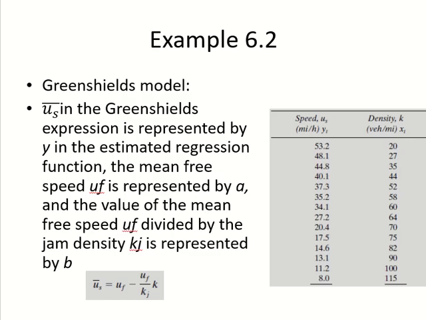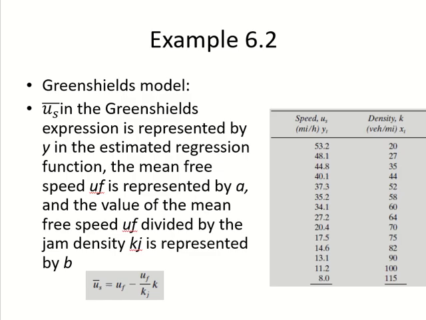So my UF is 62.0. And what was UF? Which is free flow speed. So I know UF now.